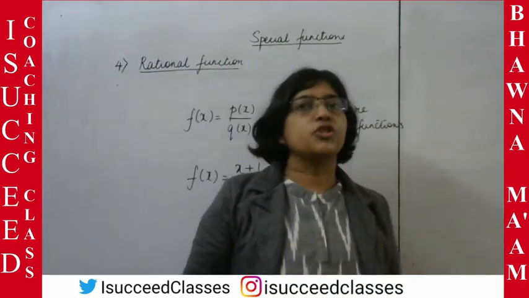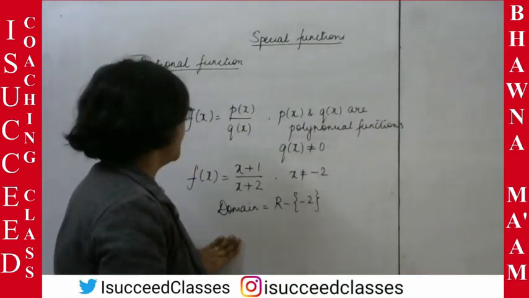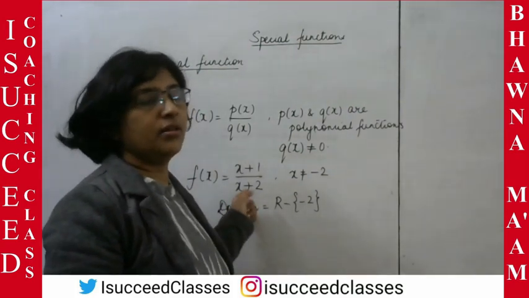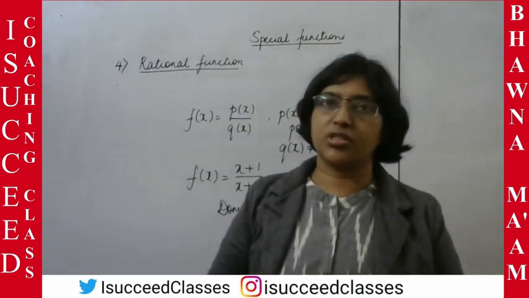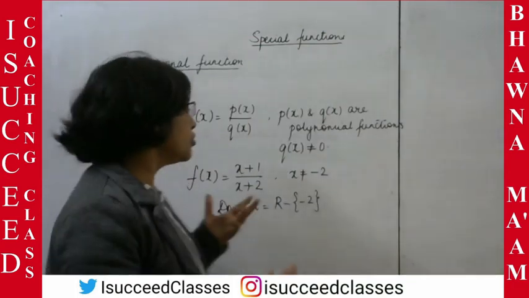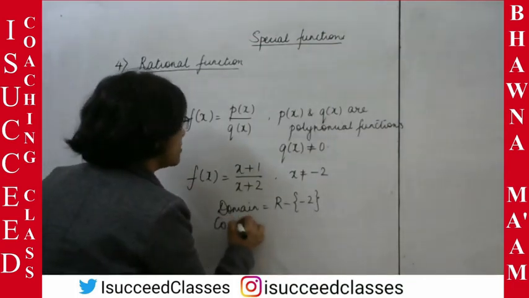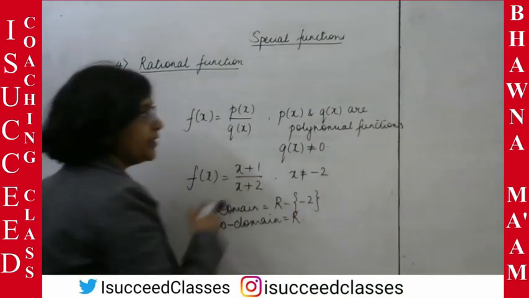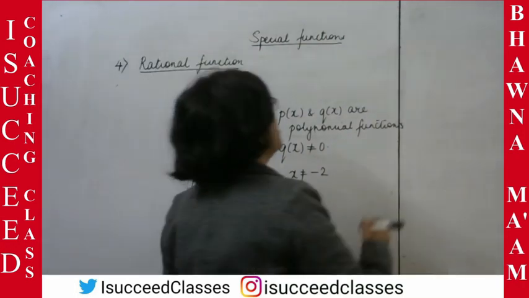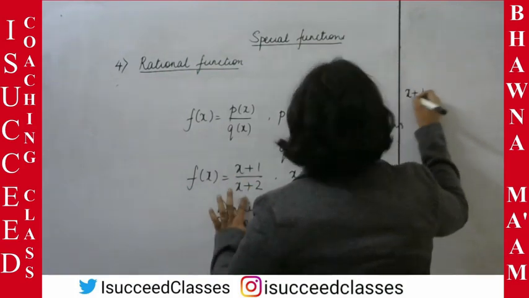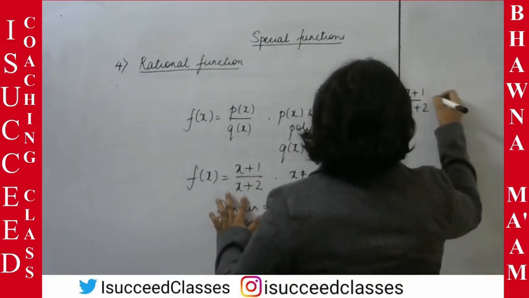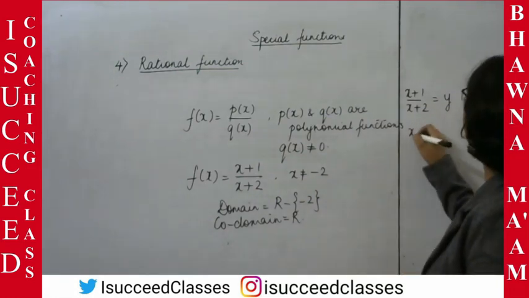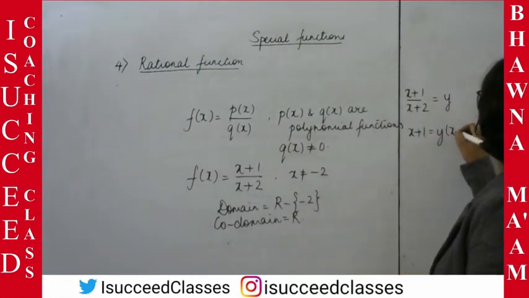Also, the range will depend on what values of y will be associated. What values of the codomain? The codomains are different. And to find the range, we can take this value as y and find x from here. So we will cross multiply this.